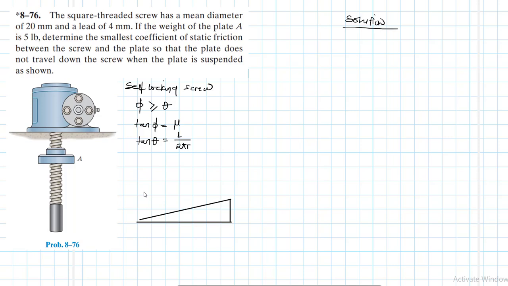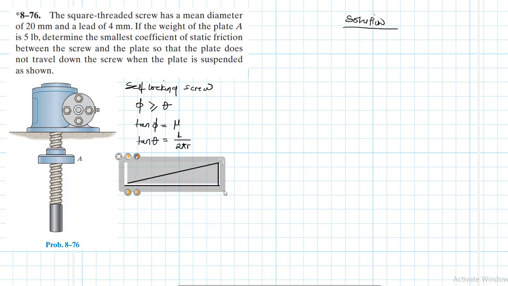So we know that D is equal to 20 millimeters. Therefore, R will be 10 millimeters, which is the radius of the screw. And then we have the lead L, which is 4 millimeters.